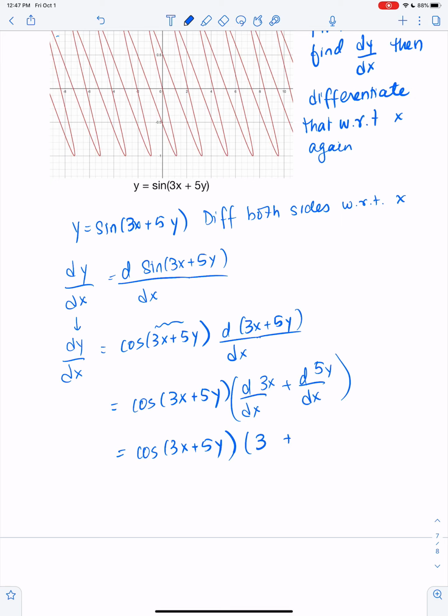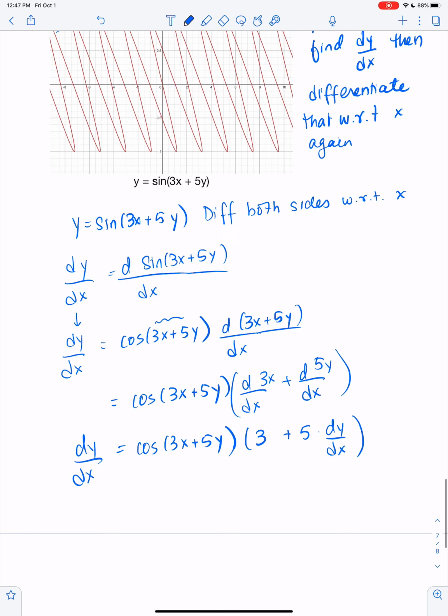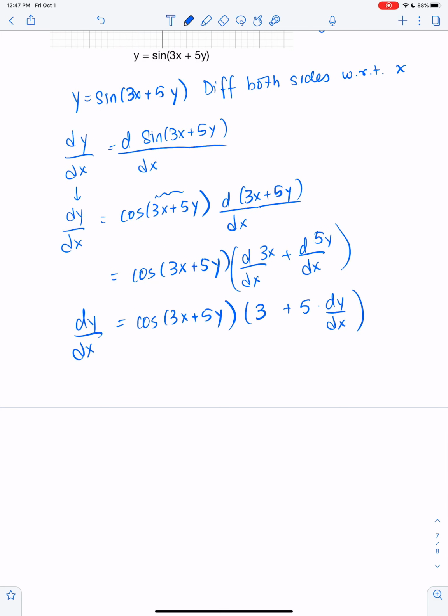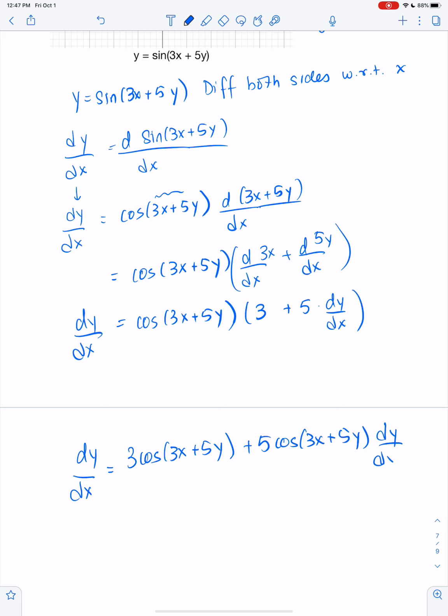Write down what the derivative would be with respect to y, which is 5, but then you multiply it by a dy dx. So you have dy dx equals 3 cosine 3x plus 5y plus 5 cosine 3x plus 5y dy dx.